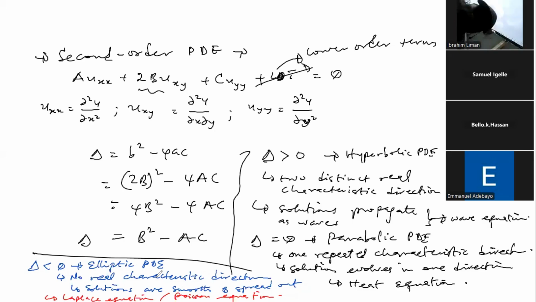So we can now say that the classification of hyperbolic, parabolic, and elliptic partial differential equations plays a crucial role in understanding wave propagation, heat diffusion, and even steady-state field distributions. We now have to see very smooth and spread out solutions. So let us consider these cases one by one.